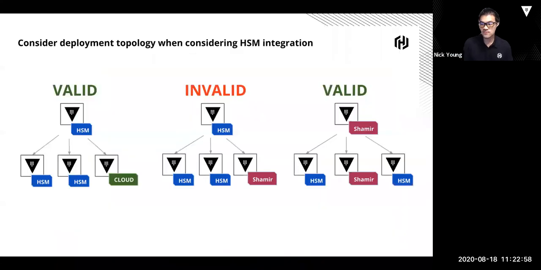And the primary reason for that is really around considering this deployment topology. If you have Shamir as your primary Vault cluster, then you can have any mix of Shamir or HSM or KMS unseal methods in downstream Vault clusters.